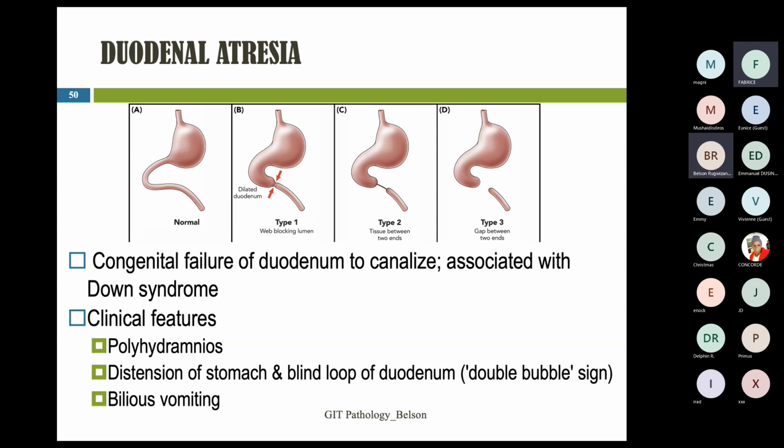So this is a congenital failure of the duodenum to canalize, associated with Down syndrome, a trisomy event.